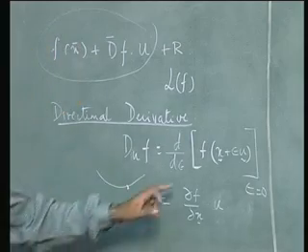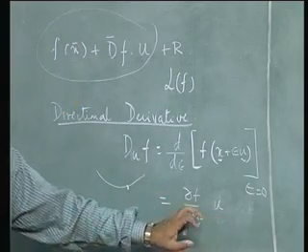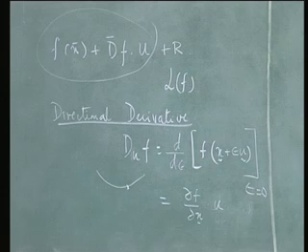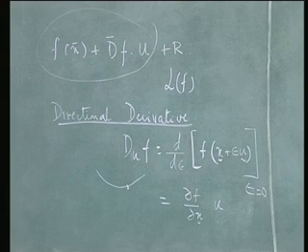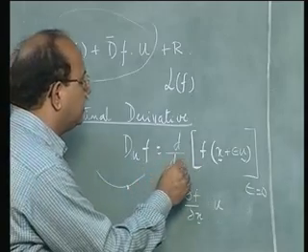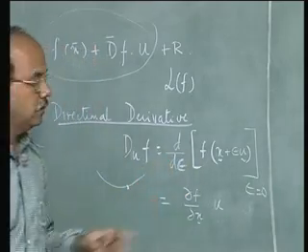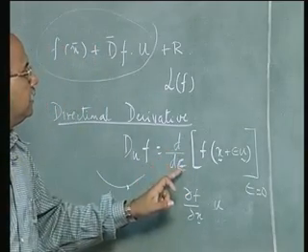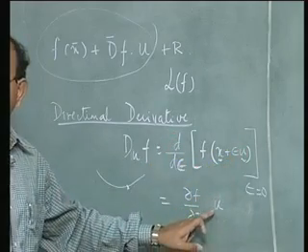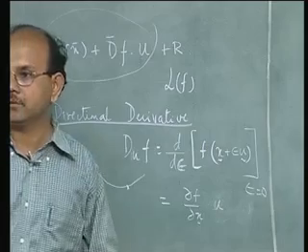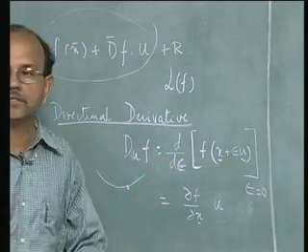So you will see that dou f by dou x dot u is the same as the increase delta f in our previous expressions on the Taylor series. D by d epsilon of epsilon u is u, and we are calculating that at epsilon equal to 0. This is not t. There is no t here. This is epsilon.